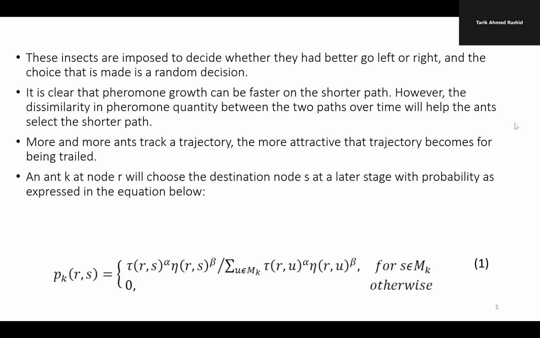An ant K at node R will choose the destination node S at a later stage with a probability expressed in the below equation. So that's the first equation.